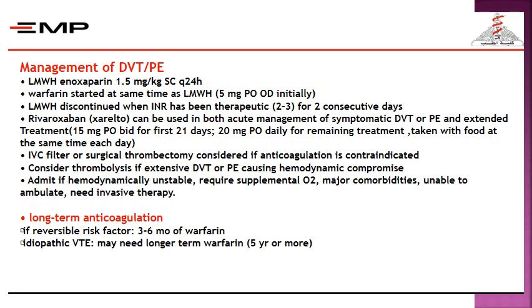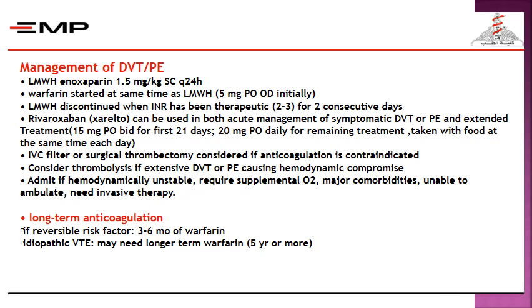How are we going to manage? Anticoagulation. Anticoagulate the patient either by low molecular weight heparins or oral anticoagulant, or the new oral anticoagulant rivaroxaban, the Xarelto, which can be used in both acute management of symptomatic DVT or pulmonary embolism and extended treatment.